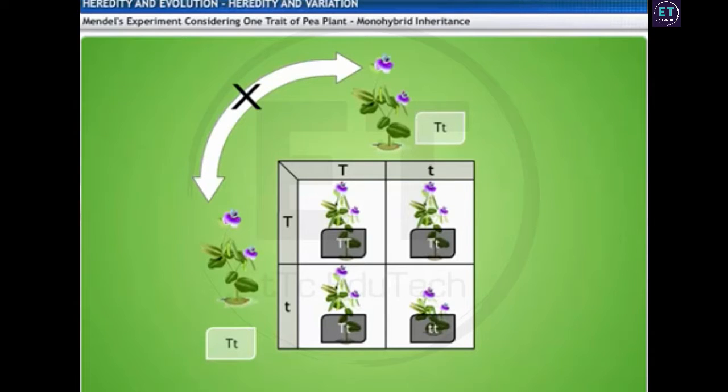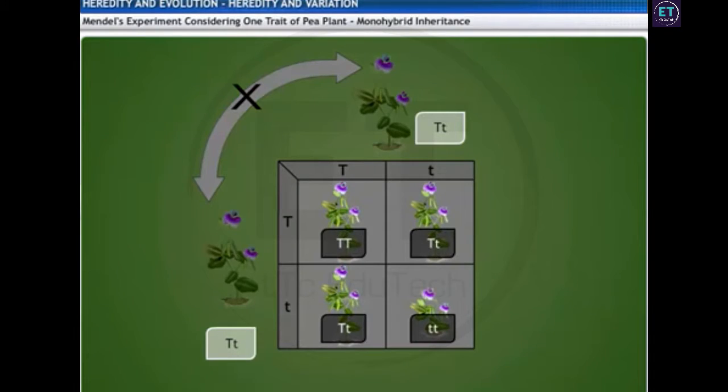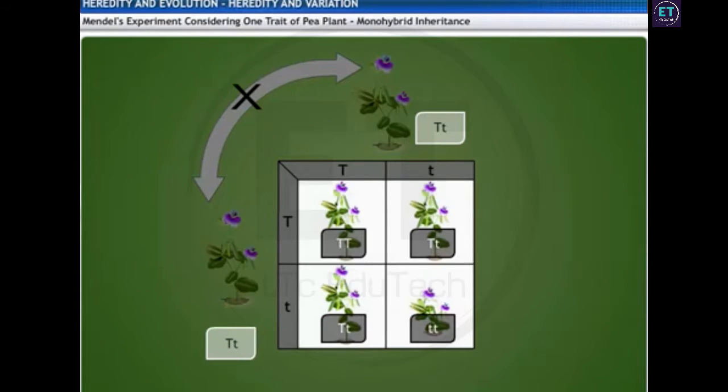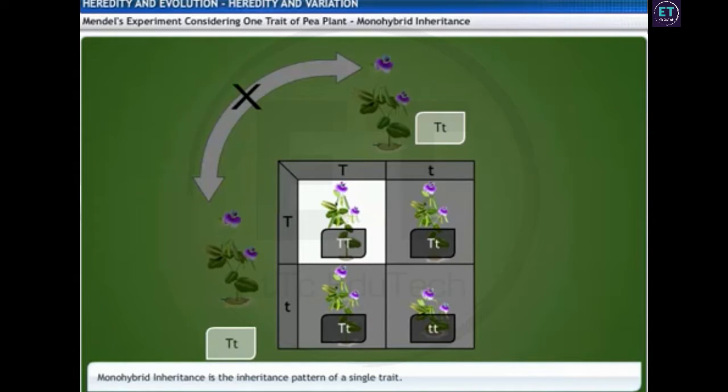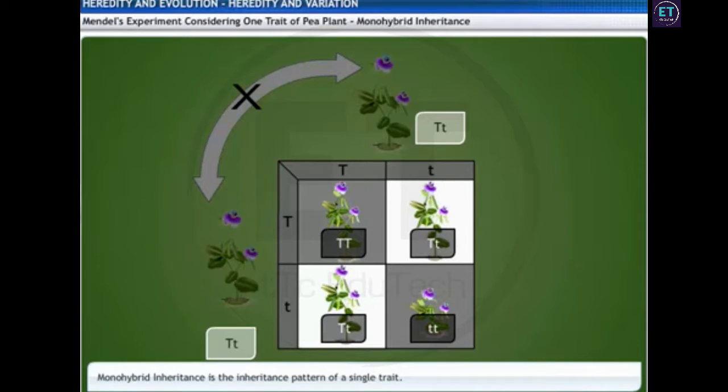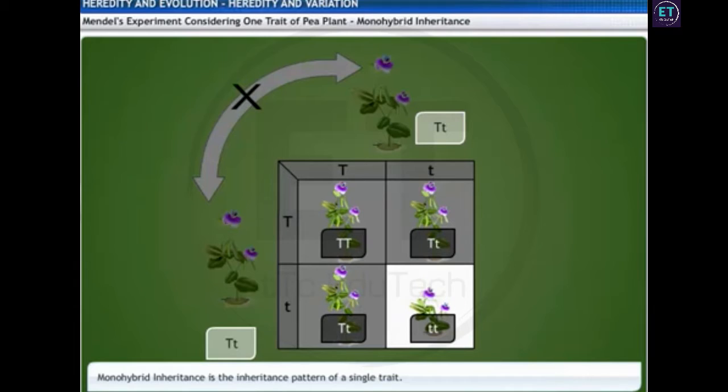Now, let's see the entire experiment in the form of genotypic and phenotypic representation. From the Punnett Square, it is seen that random fertilizations result in 1/4 TT, half Tt, and 1/4 tt.